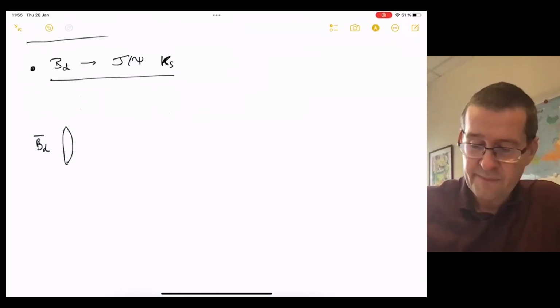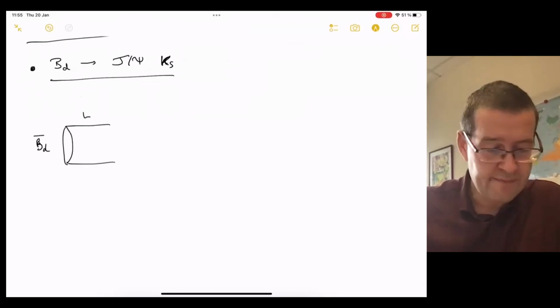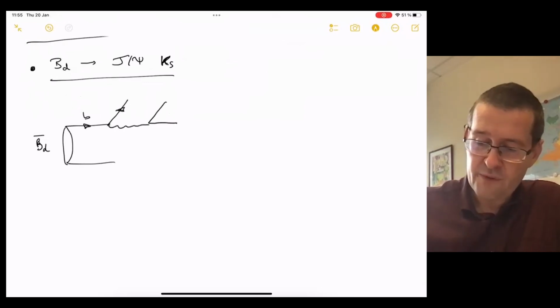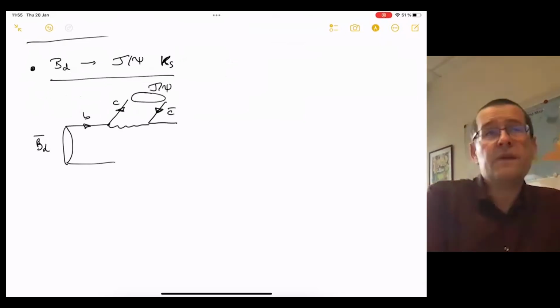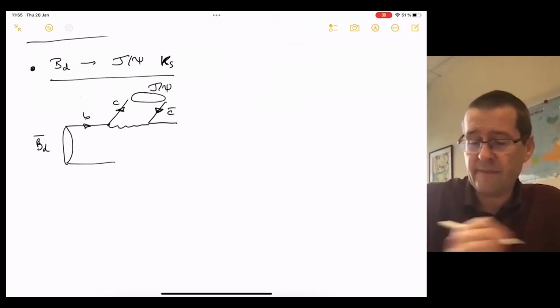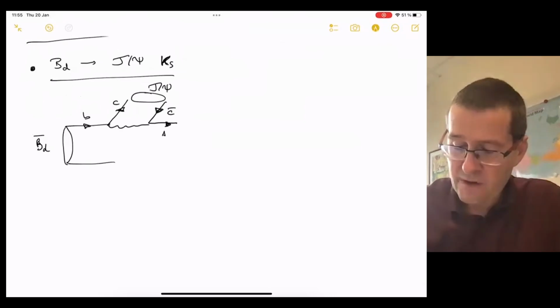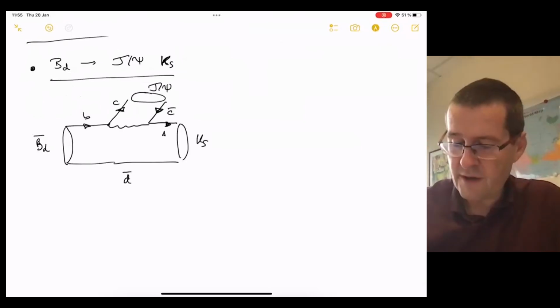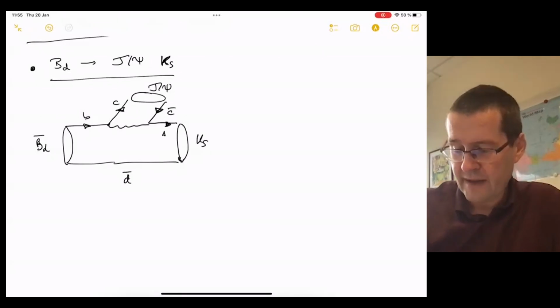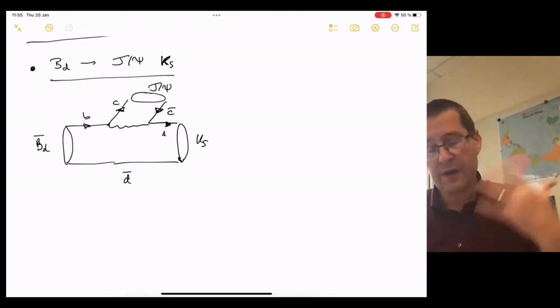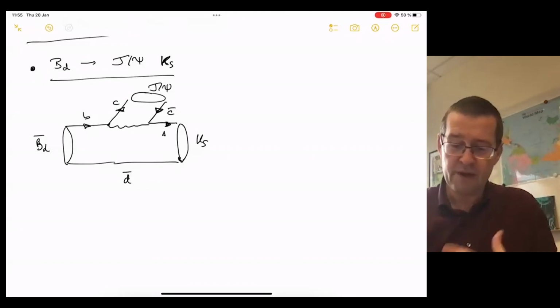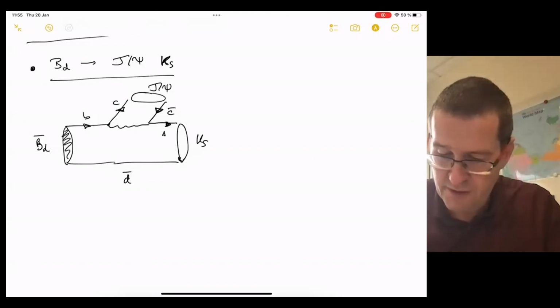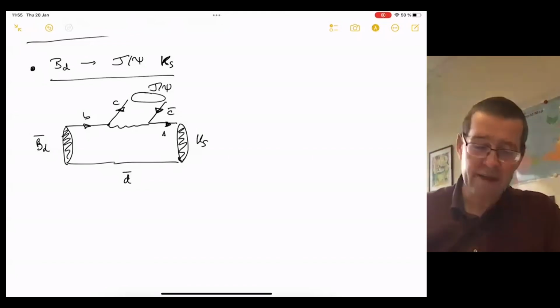You start with a BD, then you're producing a CC bar pair, which is the J psi state, so CC bar spin 1 state. And then you've got an S quark that goes into your K short. So the K short is a mixture of K0 and K0 bar. So by doing this, you are able to access K short, which is the state you're identifying.